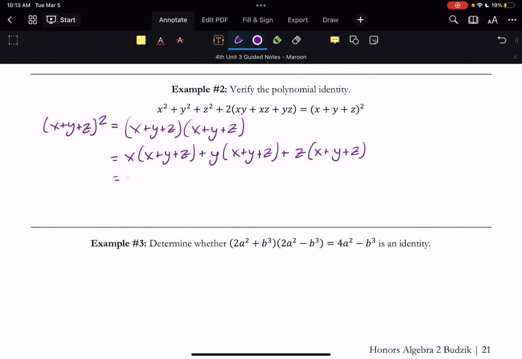So x times x gets me x squared plus xy plus xz plus xy plus y squared plus yz. And then distributing that z gets me plus xz plus yz plus z squared.